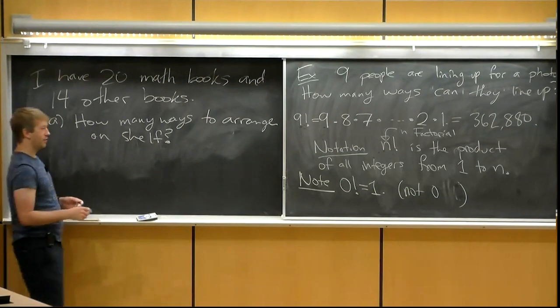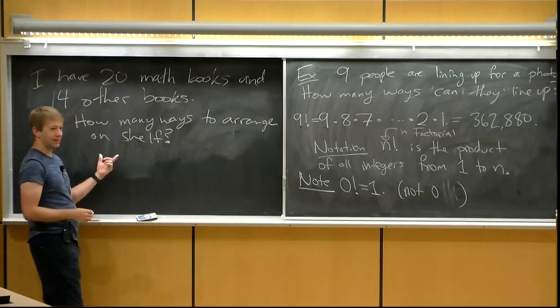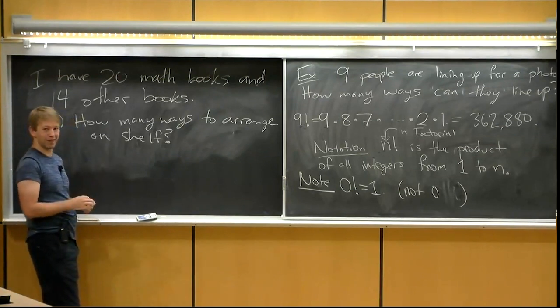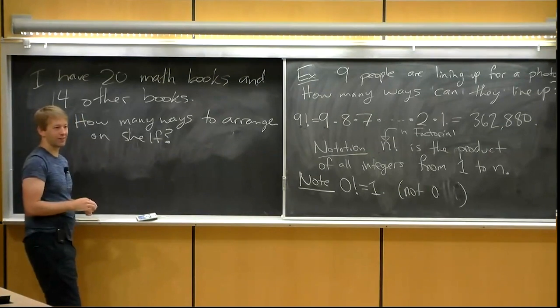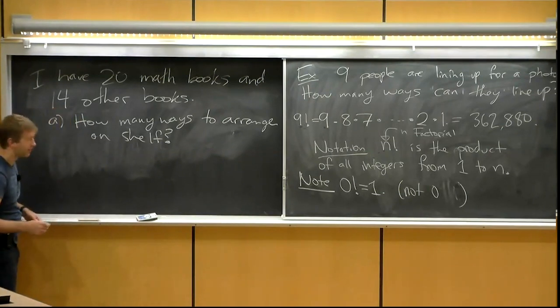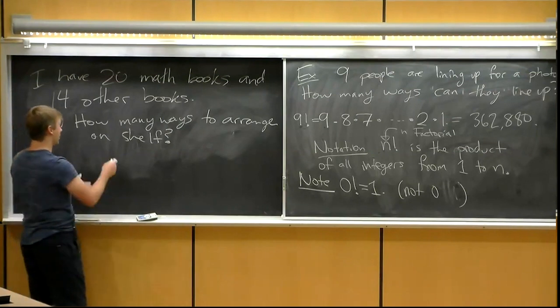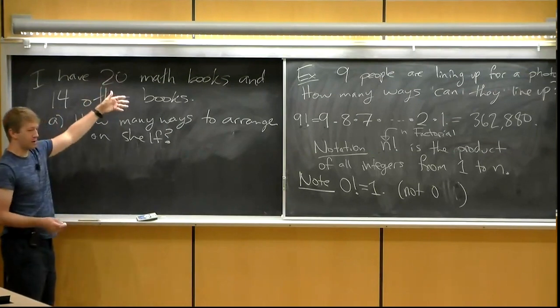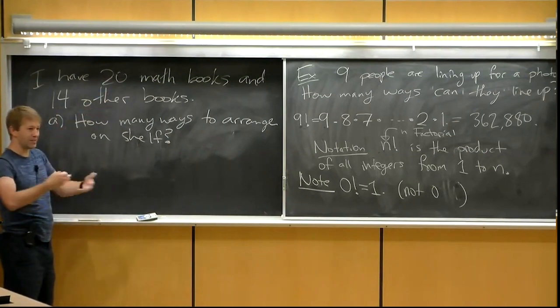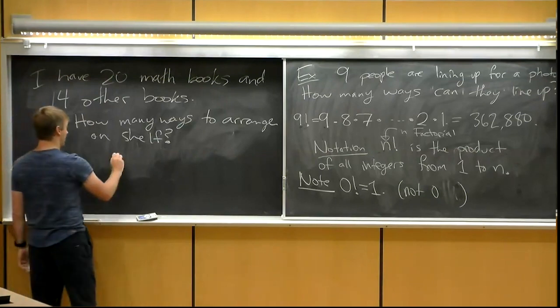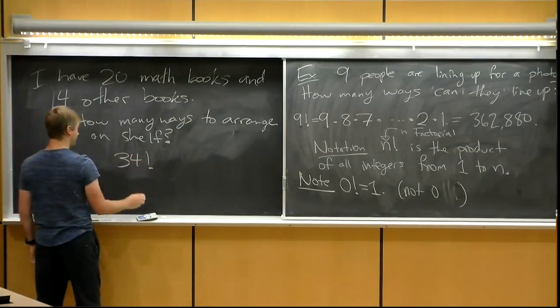Or maybe not the raw number, but something involving a factorial. Yeah, exactly. At this point, math books or other books, it doesn't matter, because I'm just arranging them. So it's 34 factorial.